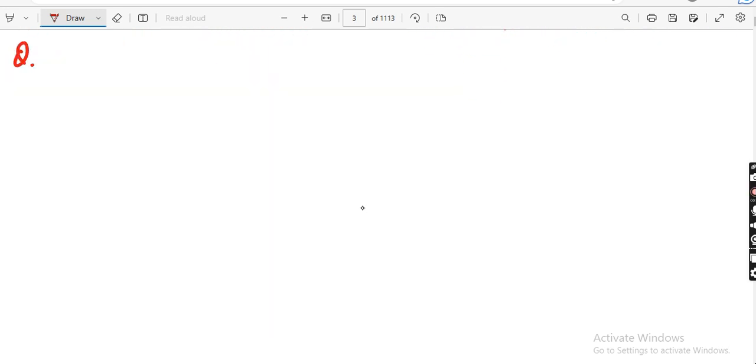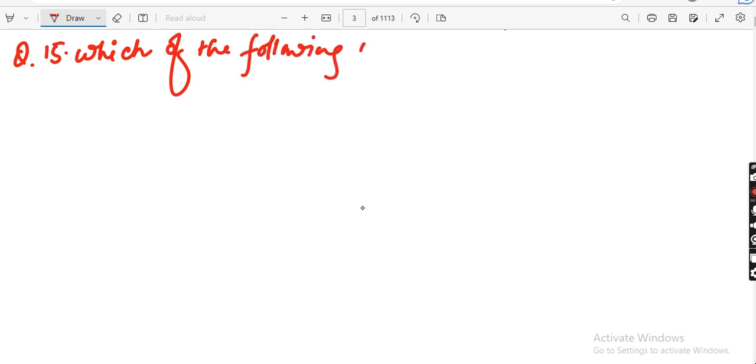So next question. Let us do this one. Which of the following is false? So option A is alkenes are more polar than alkanes.